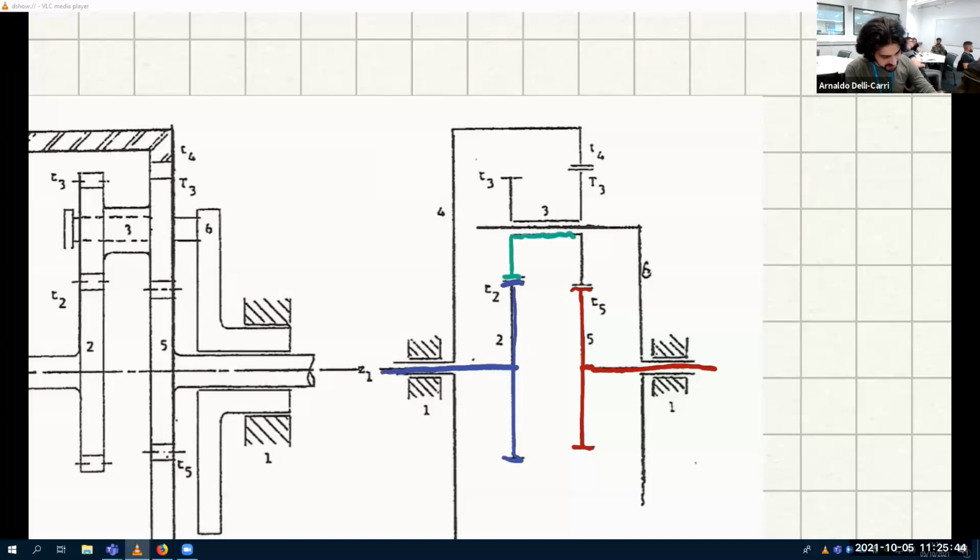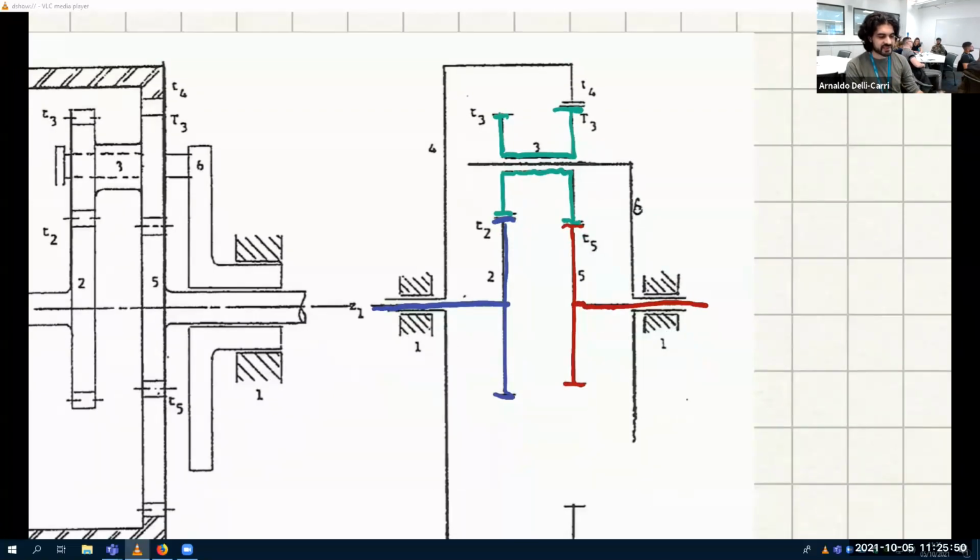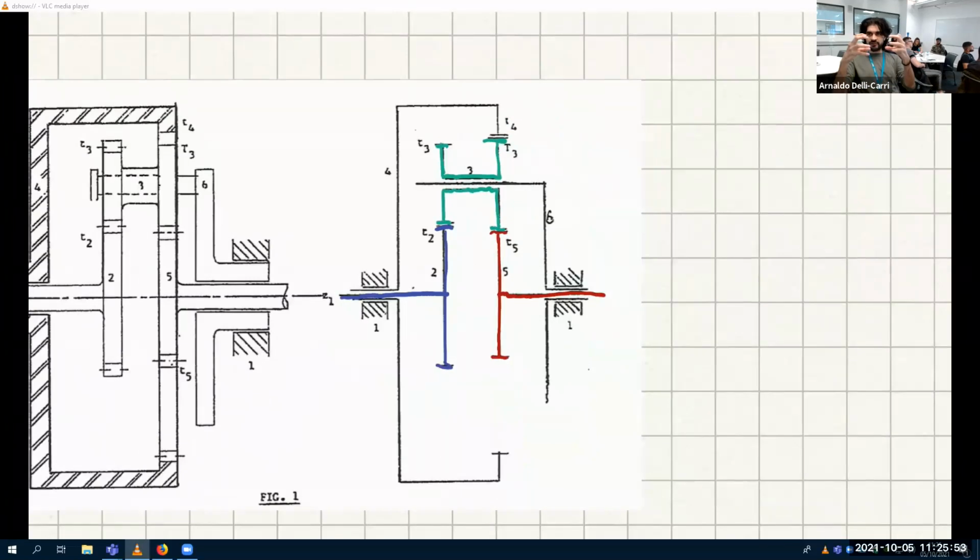Now this is a bit complicated because it's a planetary body. So what you have is a dumbbell, basically. It's a shaft with two gears. One is larger, one is smaller. And this dumbbell has a hollow shaft. Inside the hollow shaft, you have the carrier arm. Okay?